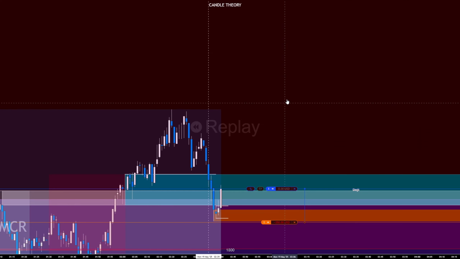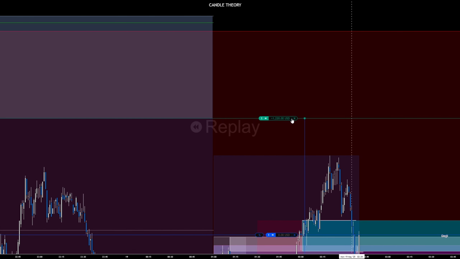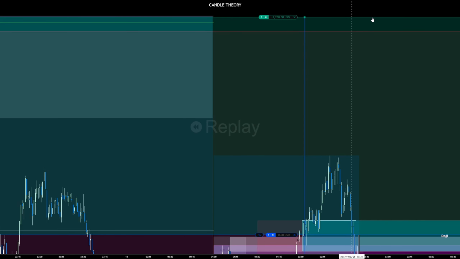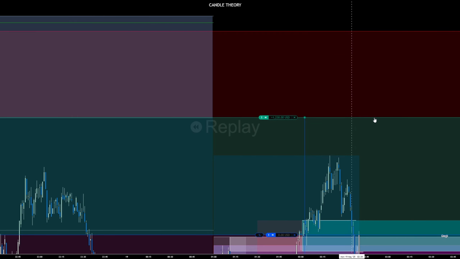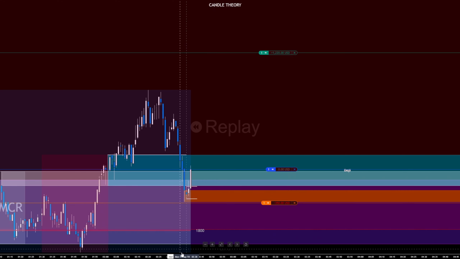You can target the previous high, or you can target the previous session's nano range, or the previous profile's edge, opening line. It's all subjective. Let's do the nano range of the previous profile.